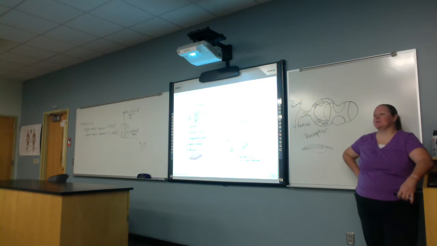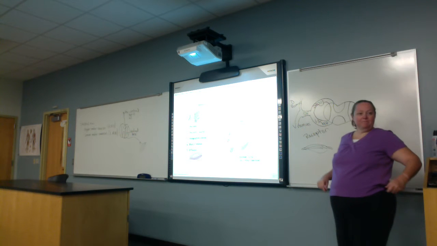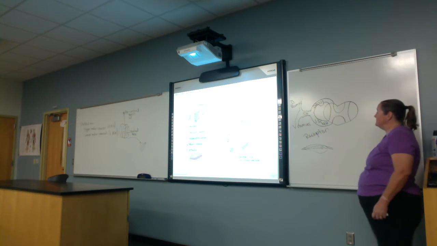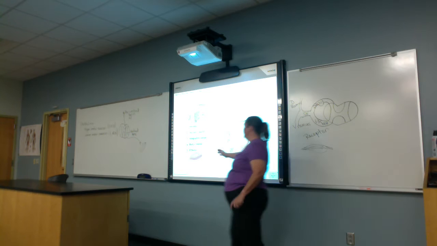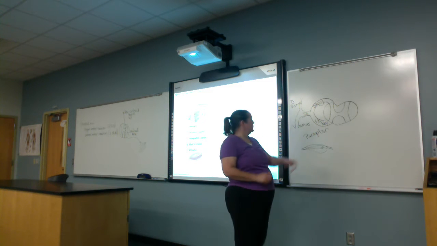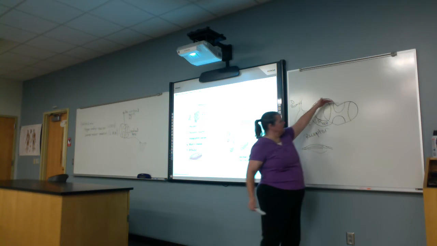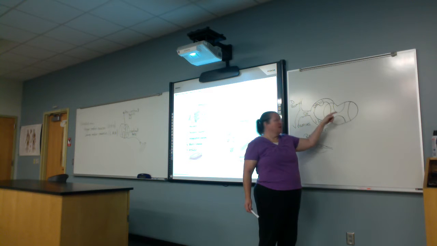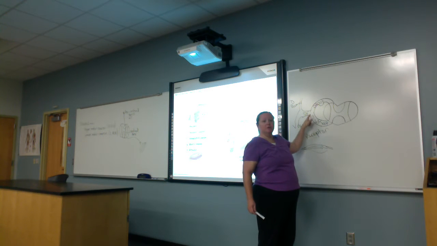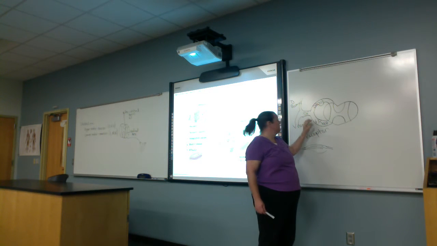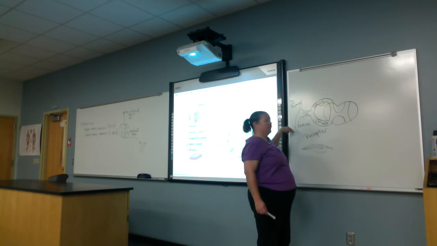Think about that before the test. So what are you asking again? This has not been drawn on except for this. I'm adding in dorsal root, ventral root, spinal nerve, dorsal ramus, and ventral ramus.